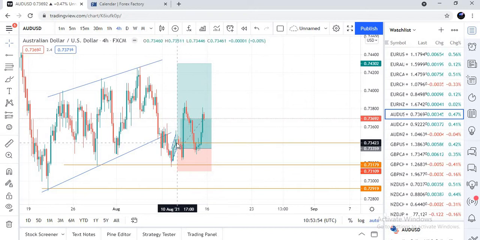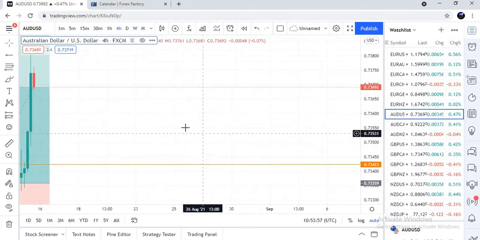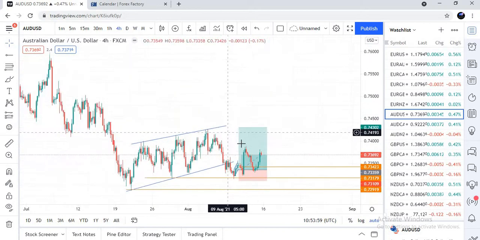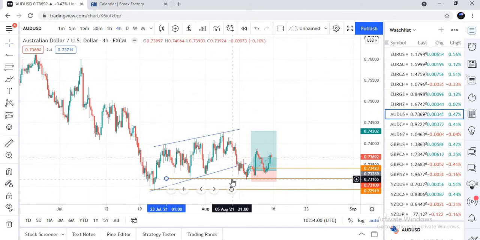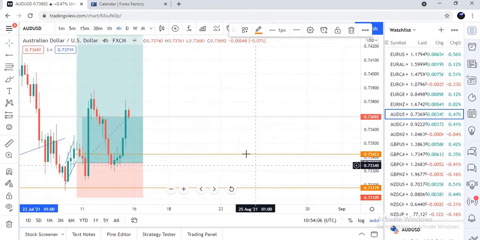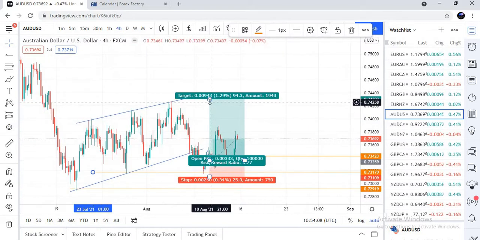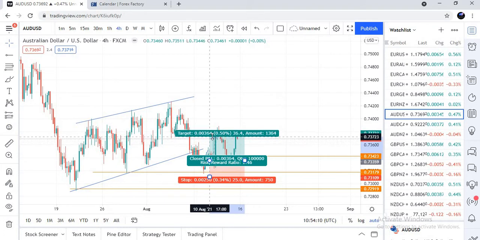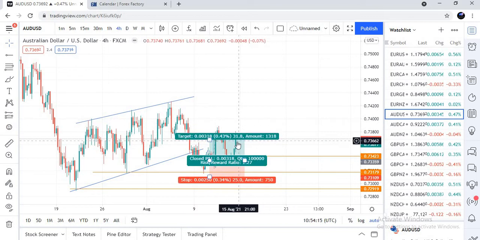This was the level we entered it. We should have entered earlier. So we just used this level, this support level, as a level to enter this trade, and it is up about 20 pips thereabouts. Let's check that here. It is up about 30 pips from our entry.